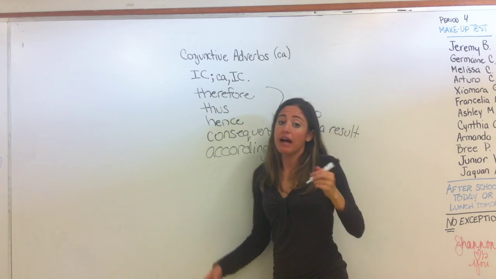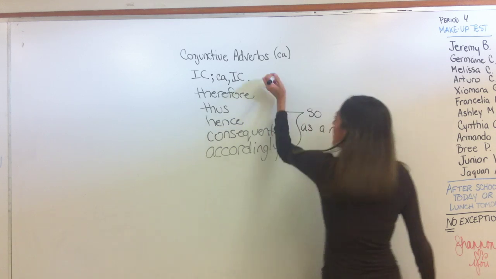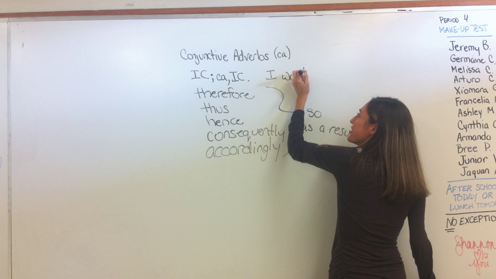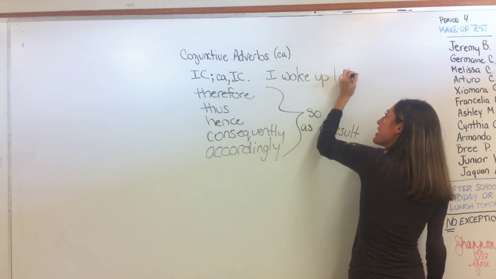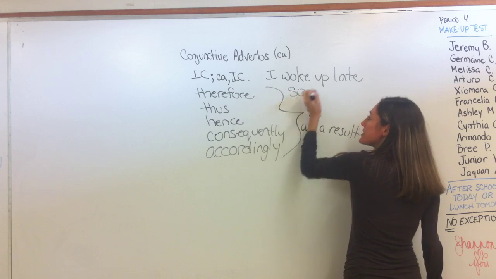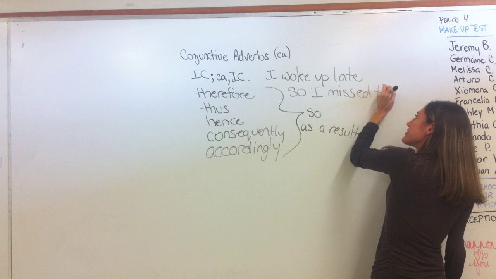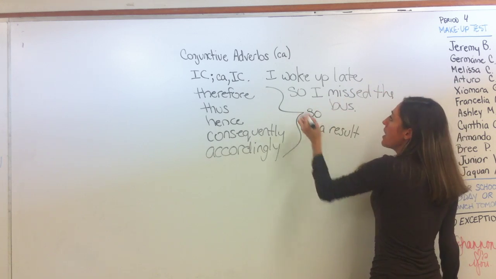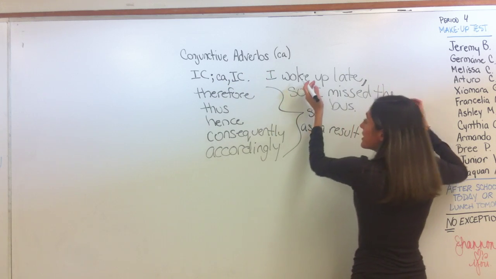I woke up late, comma, so I got to school late, right? Let me write that, and you write it too. Let's make it different: I woke up late, so I missed the bus. That's an independent clause, and so is this.